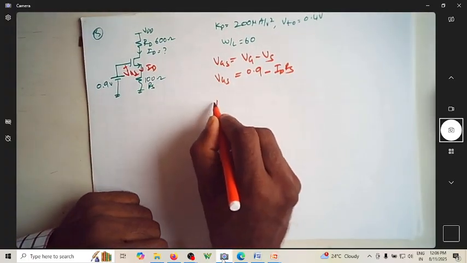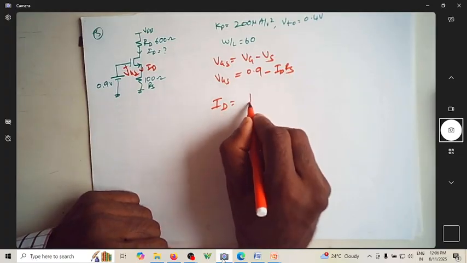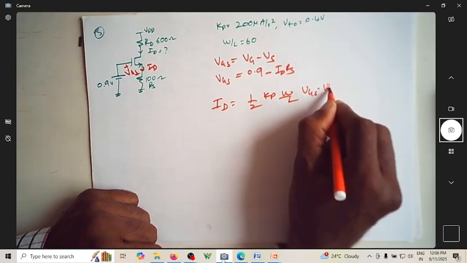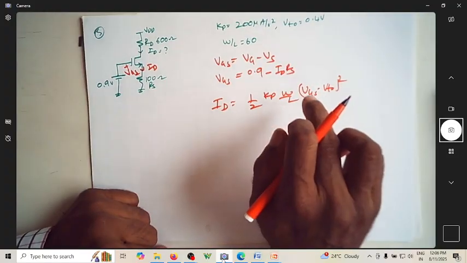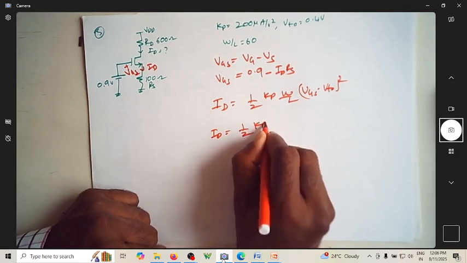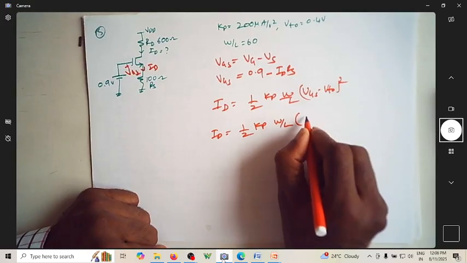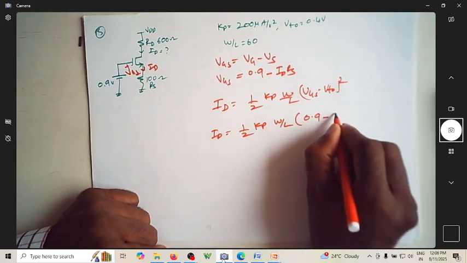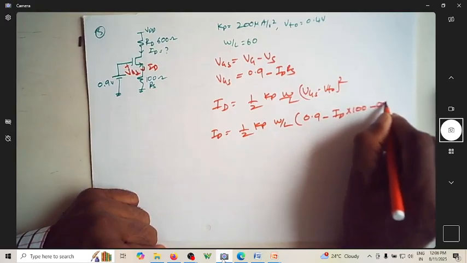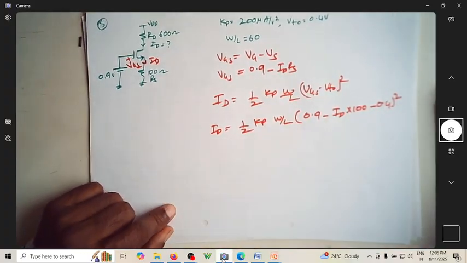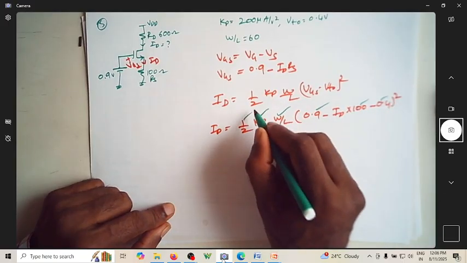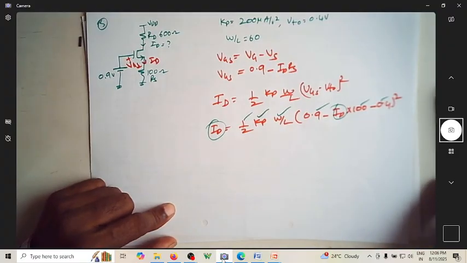So let me find the expression for ID. ID is equal to half Kp W by L into VGS minus VTO whole square. Now you replace VGS by this. So ID is equal to half Kp W by L into 0.9 minus ID into 100 minus 0.4 whole square. I know everything except this ID.